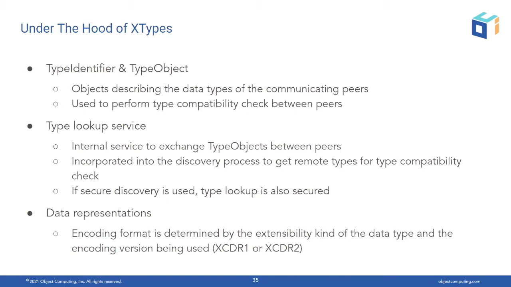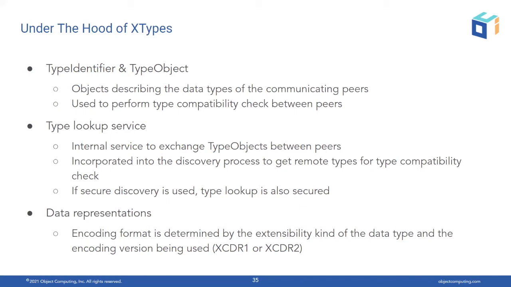The second important component of the Xtype system is the type lookup service. It is an internal service that provides an ability to exchange type objects between peers. So if you have a local Xtype application and you want to learn about a remote Xtype type, then the underlying system will send a type lookup request for the remote type and get a reply with the type object of the remote type.